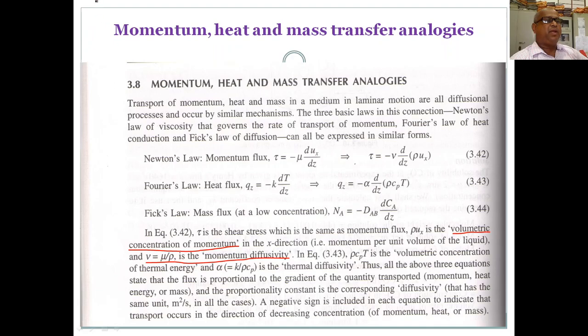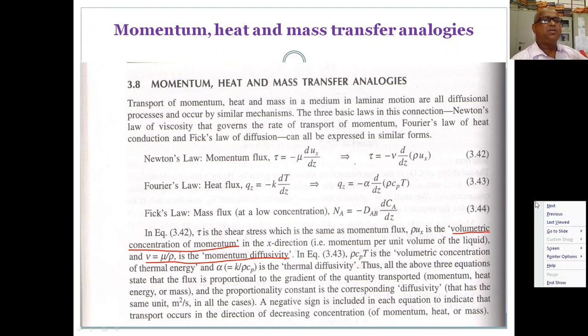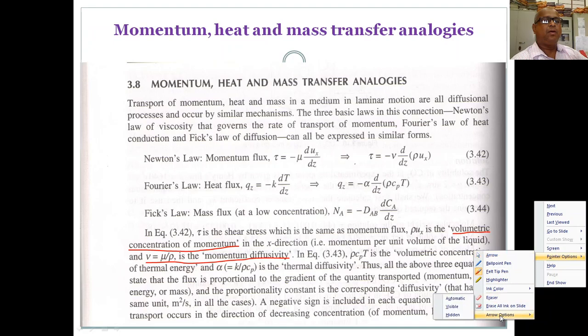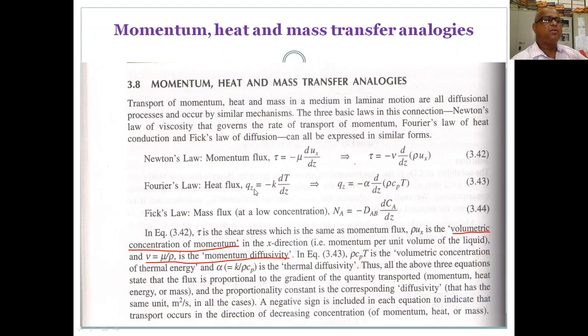Now, Fourier's law of heat flux, what is this? It is Q z in the z direction equal to minus k dT by dz. Now this is temperature, but what is the heat content? It is rho Cp into T. So if I multiply by rho Cp, then I have to divide by rho Cp.